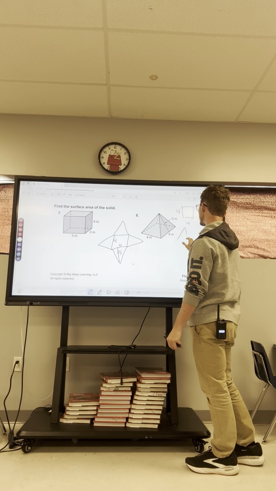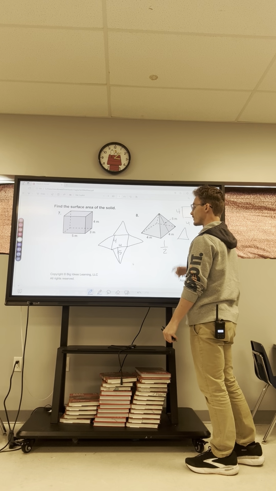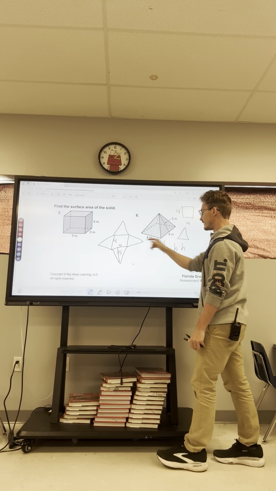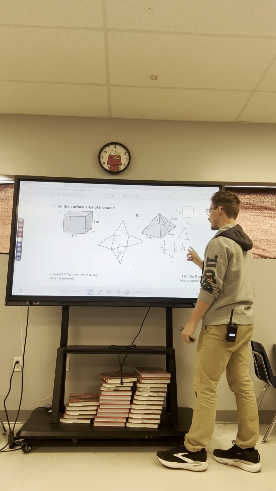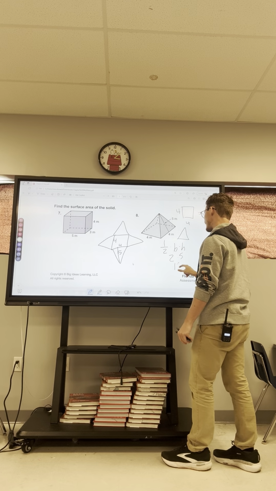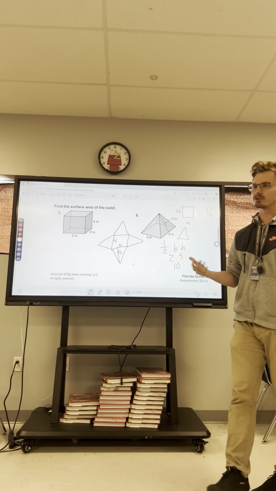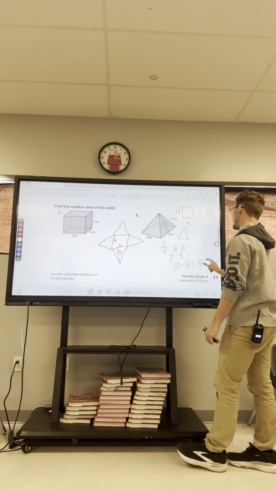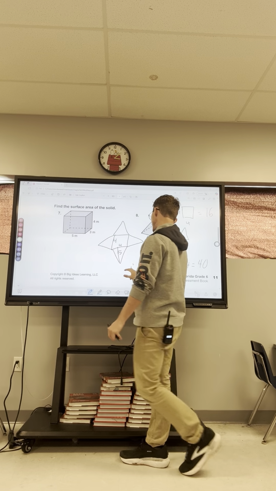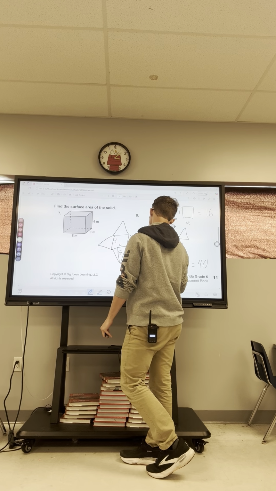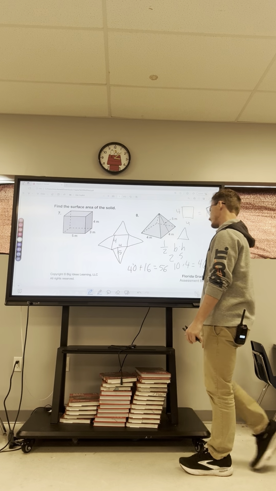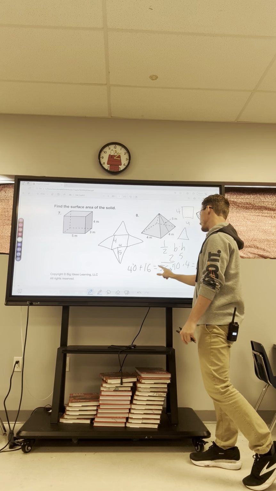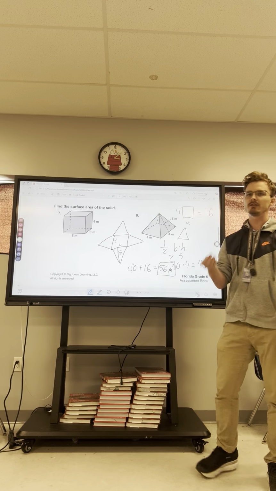Then I have my triangle, and I tell them, write the triangle formula: 1/2 times base times height. Well, 1/2 of 4 is 2, times your height of 5, and that's 10. But how many sides do we have in our square pyramid? We have 4, so we have to multiply that by 4. Now we have 40 plus 16, which is 56. 56 what, you might ask? Oh, 56 millimeters squared.